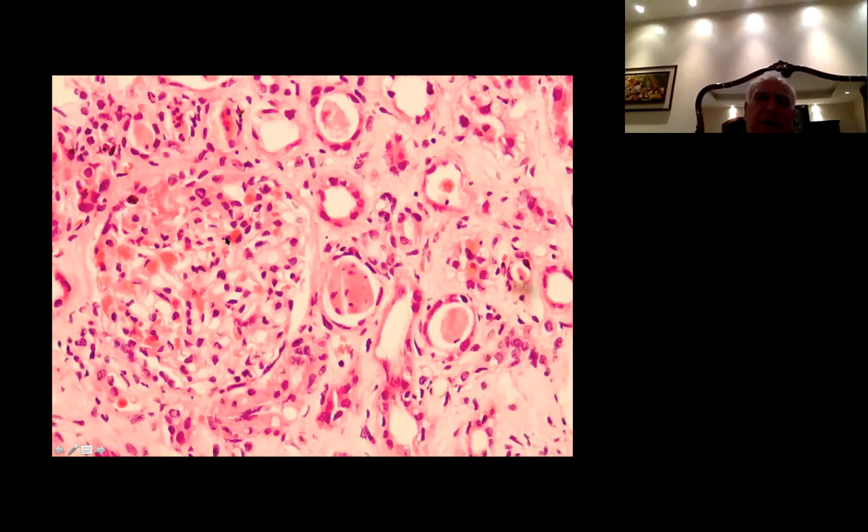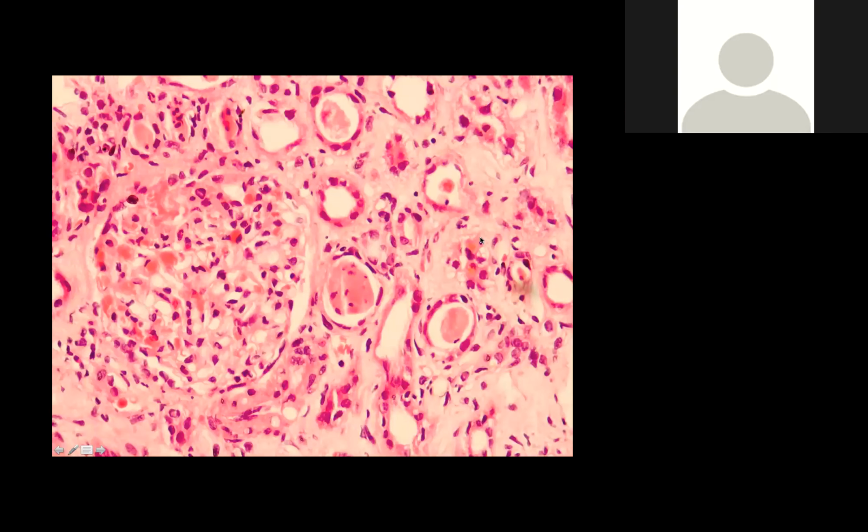You don't see cells, you don't see anything. Same thing in the renal tubules. That's only one single normal looking glomerulus, and that's a patchy interstitial area of disease. 1 out of 20 glomeruli.